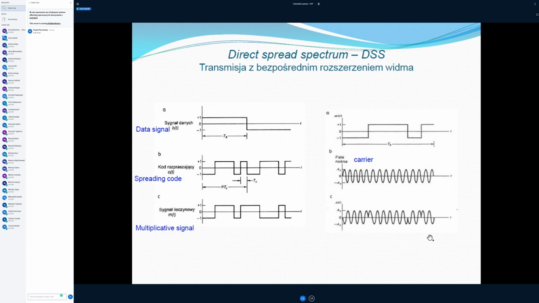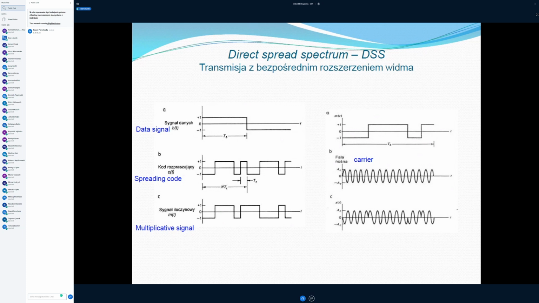And imagine if the receiver has the same spreading code, and when the receiver multiplies the data by the same spreading code, you can check that you would get exactly the same signal as we have here.